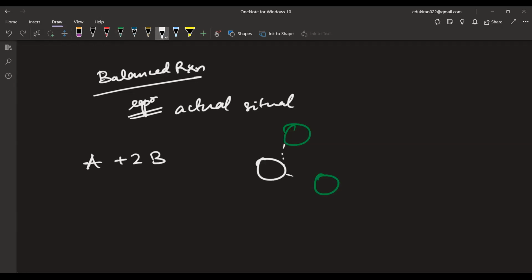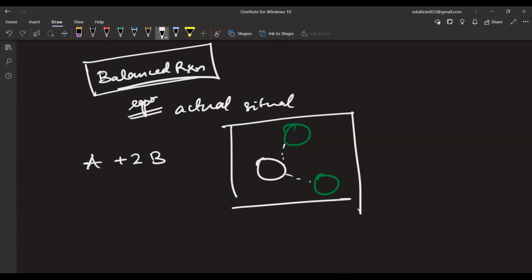So when it is elementary, that means one step, the balanced chemical reaction is representing the actual situation. That means for each A, we require 2 molecules of B for each and every reaction. It is not a complex reaction in which it happens in steps. It is happening in one single step. So for each reaction to complete, I need 1A and 2B.